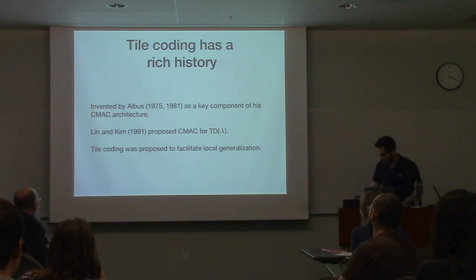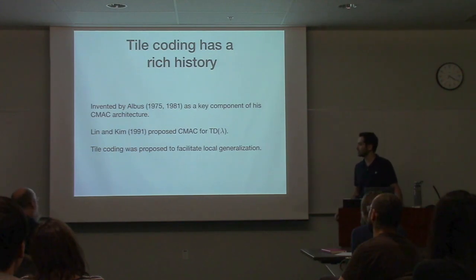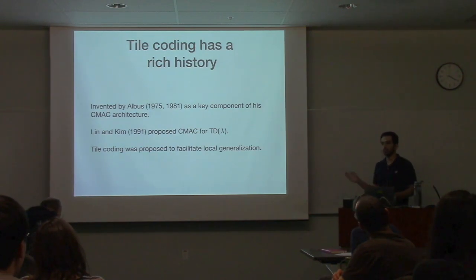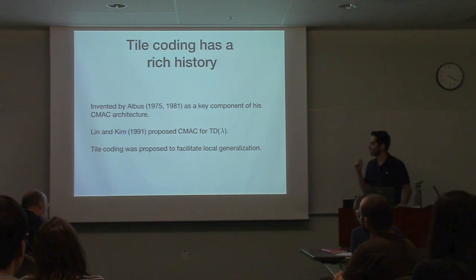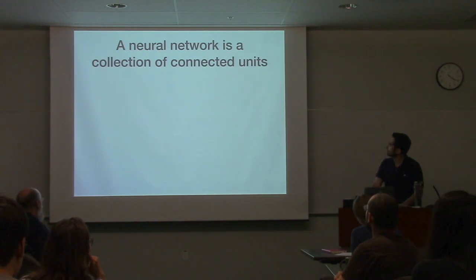An important thing about tile coding that I would like you to remember is that one of the most important purposes of tile coding was to facilitate local generalization. As you saw in the previous slide, there is no sense of where in the space the state is, but there is a sense of neighborhood and closeness.